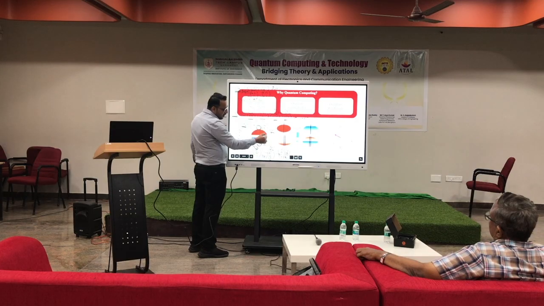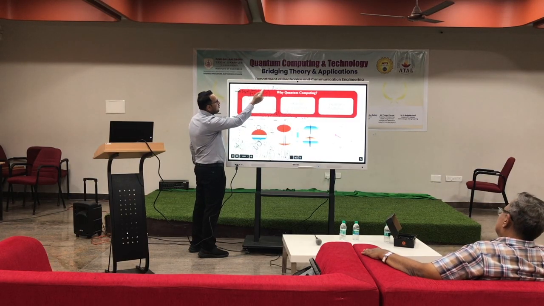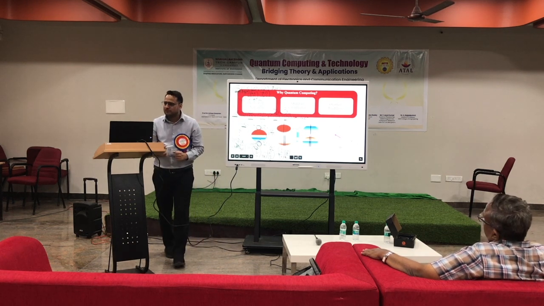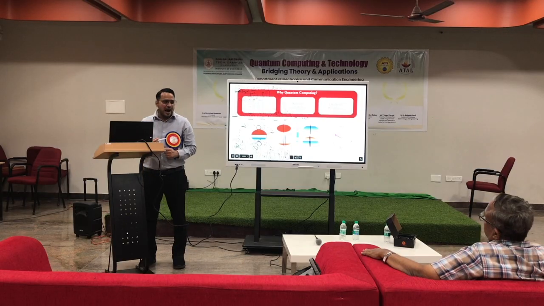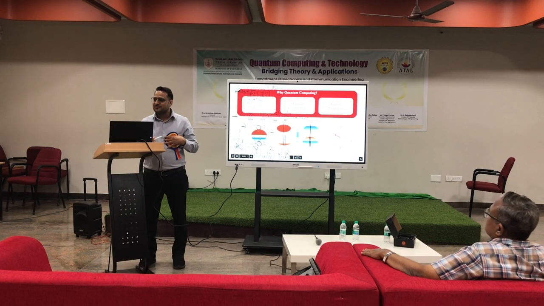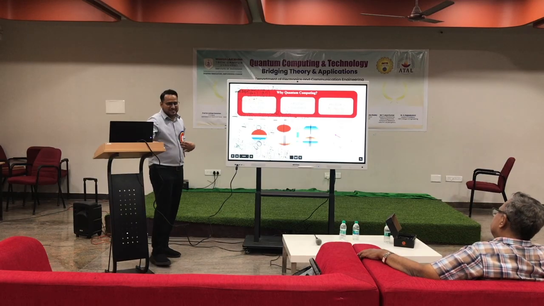Now, a very simple theory is this. If you are writing your superposition state like cat 0 plus cat 1 by root 2, so we know that this is cat 0, this is cat 1, as these two are the possible quantum states associated to a one qubit system. What is 1 by root 2? How is this 1 by root 2 coming into the picture?